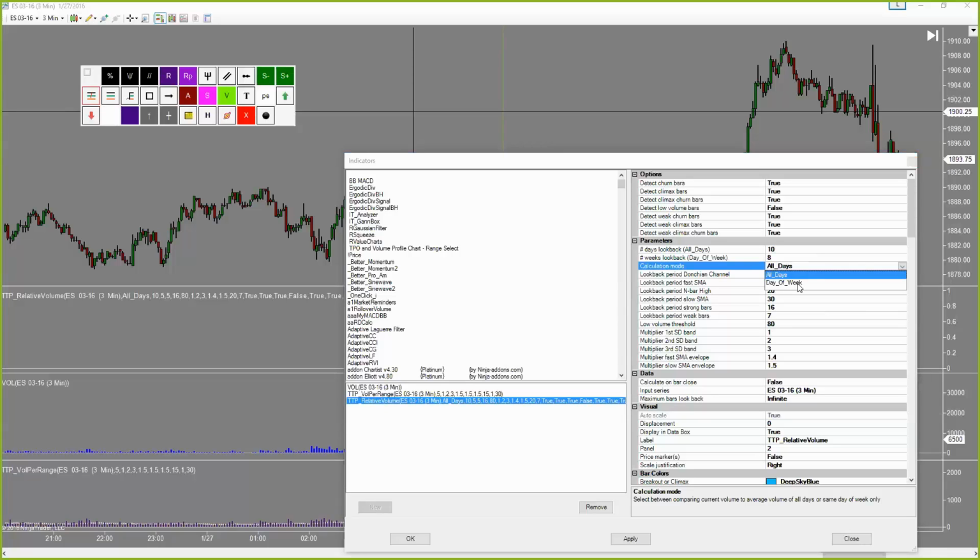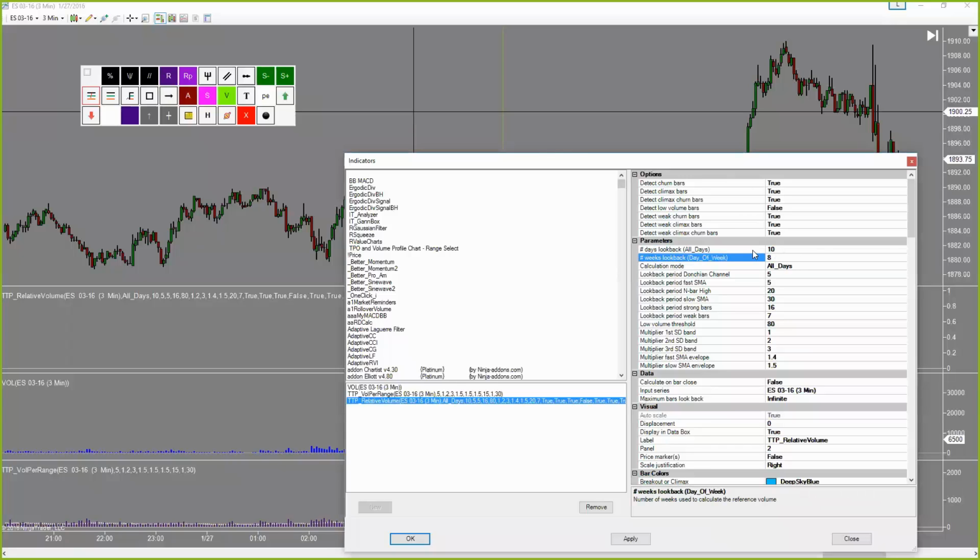But basically, there's not a lot of difference between using day of week or consecutive days, except for performance. Obviously, using consecutive days is a lot faster and a lot less data is required to perform the calculations than would be required using day of the week. Okay, so we use consecutive days.